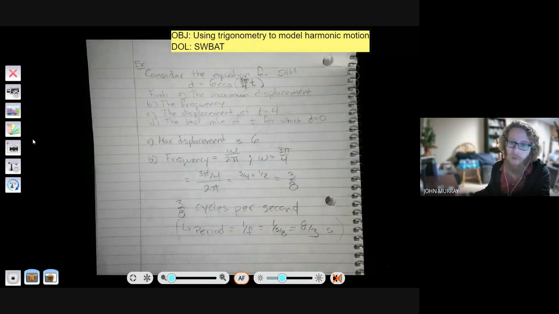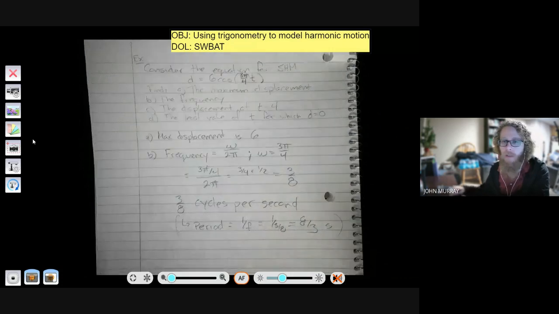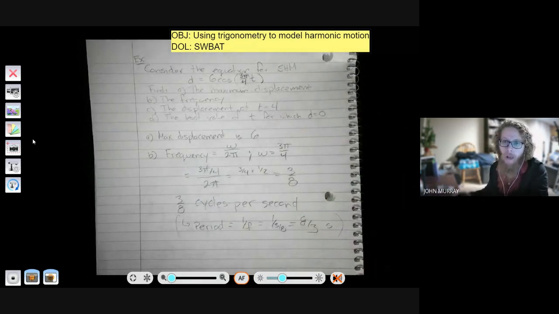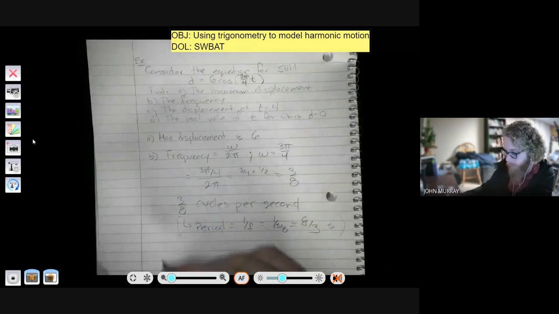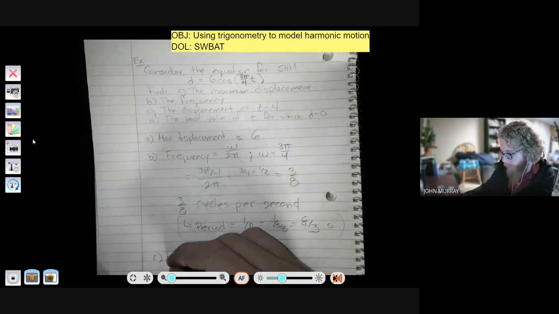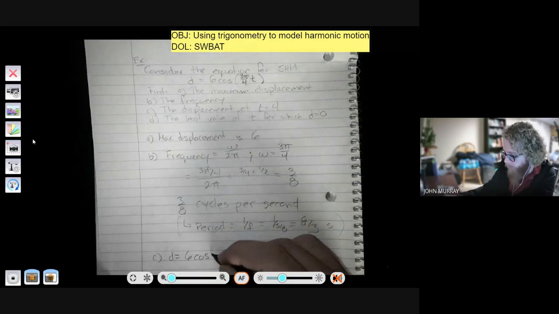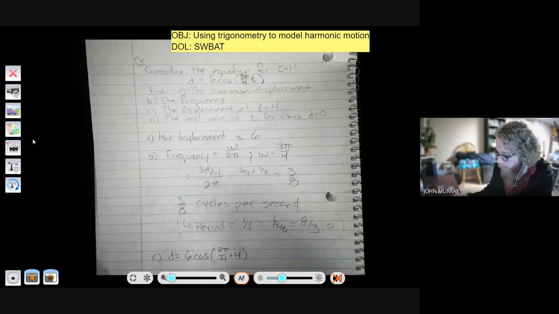Now they want us to find the displacement at t equals 4. So now you just plug in 4 here. Okay, like I said before, I can find it at any time. This is actually nice. The 4's cancel out.